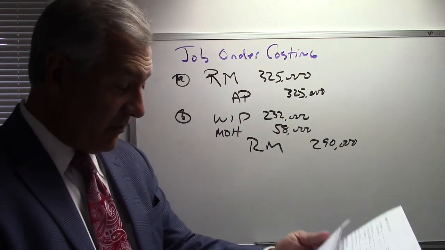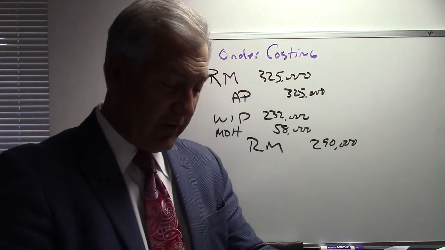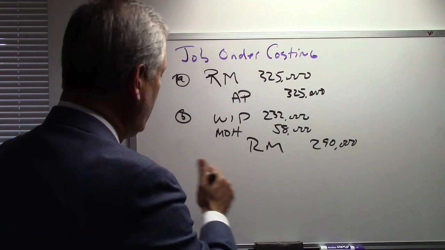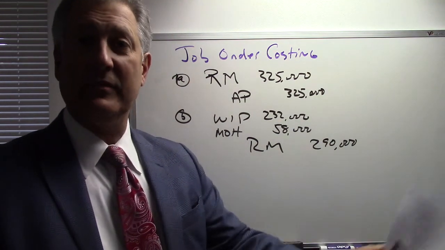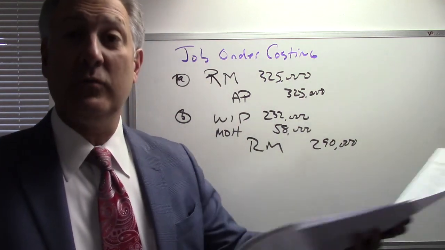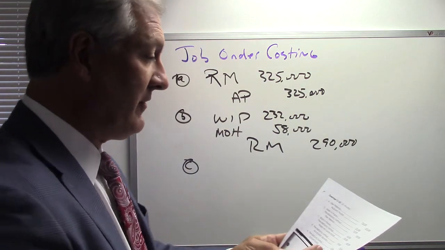Item C, labor costs incurred in the factory, $180,000. 1/3 direct, 2/3 indirect. Again, direct labor goes to work in process. Indirect labor goes to manufacturing overhead.